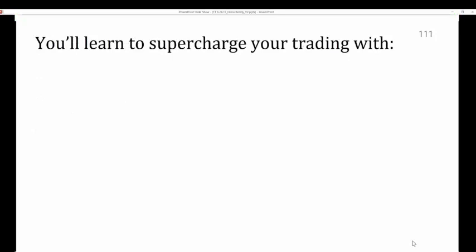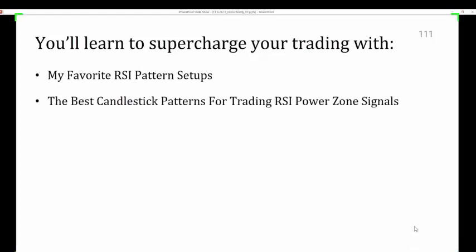In addition, you're going to supercharge your trading by learning about my favorite RSI pattern setups. Momentum is just like price, so you can use patterns on it constantly. The best candlestick patterns that I use for trading with the zones: you may have noticed that every chart I showed you was a candle chart. They're very near and dear to me.